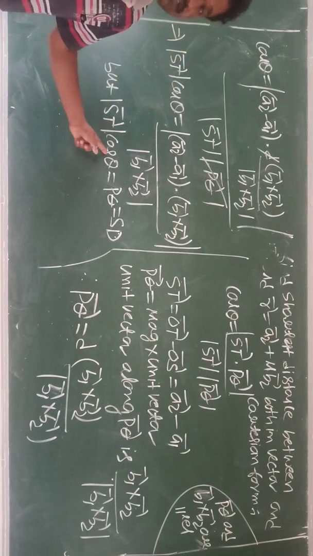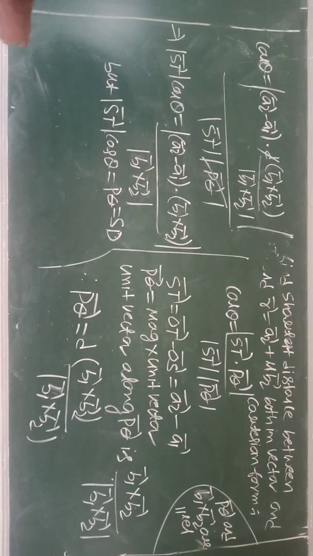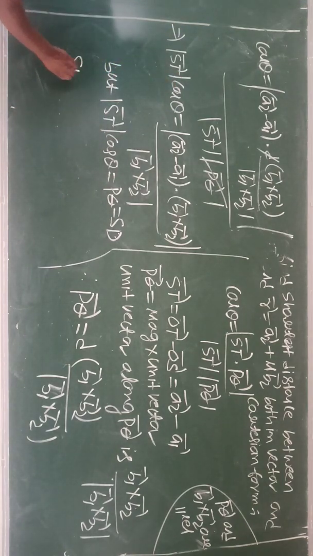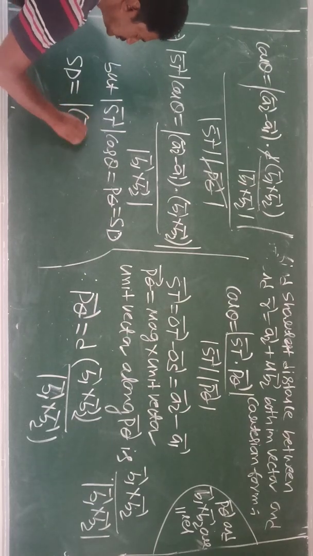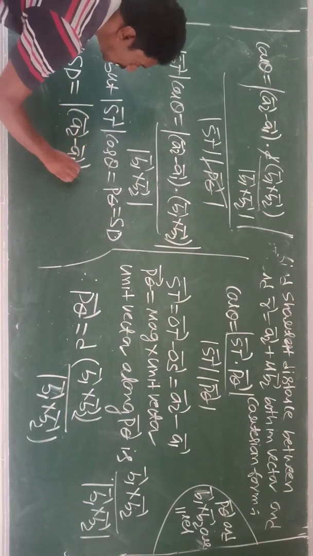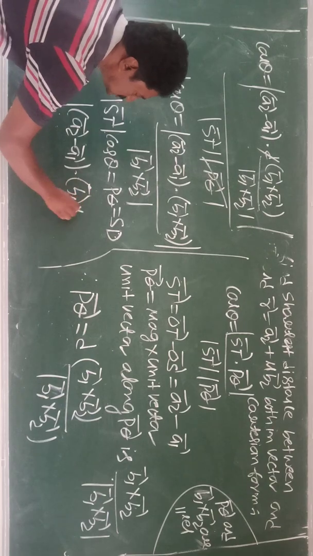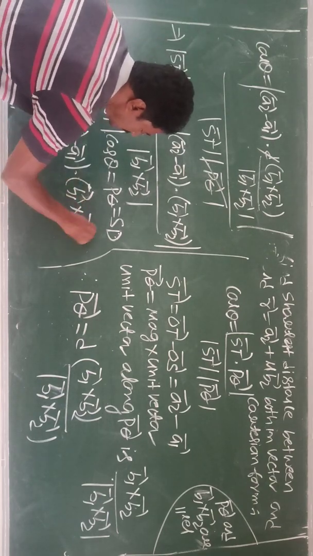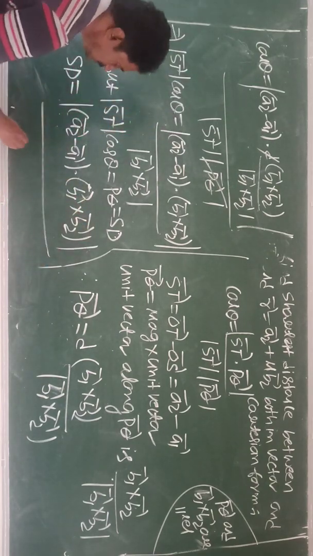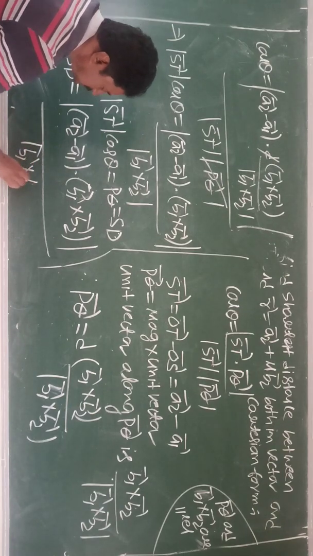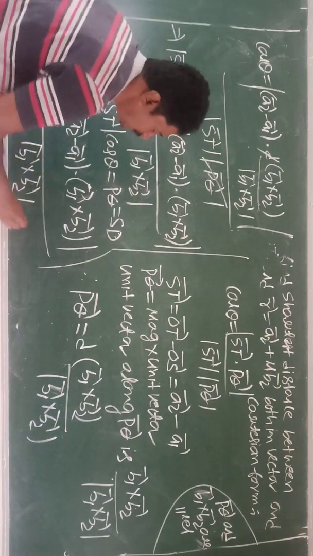Therefore, for that ST cos theta, you substitute PQ. So the shortest distance is equal to A2 minus A1 dot B1 cross B2 by length of B1 cross B2. So this is the vector form.